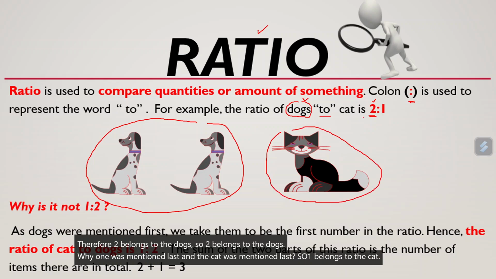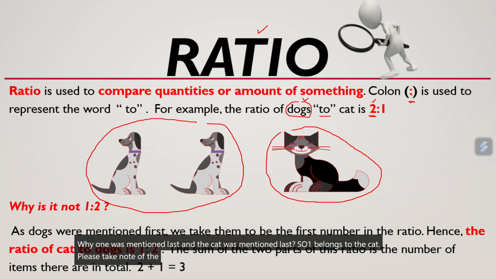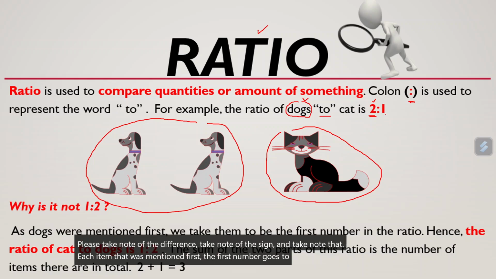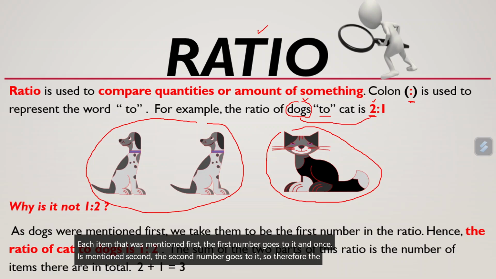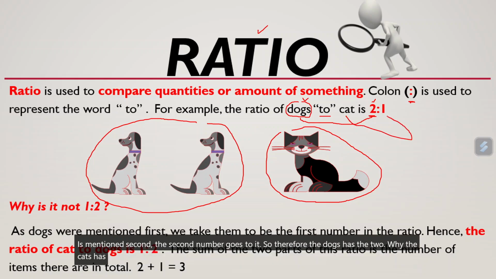Please take note of the difference, take note of the sign, and take note that the item mentioned first gets the first number. Once an item is mentioned second, the second number goes to it. So the dogs have the 2, while the cat has the 1.